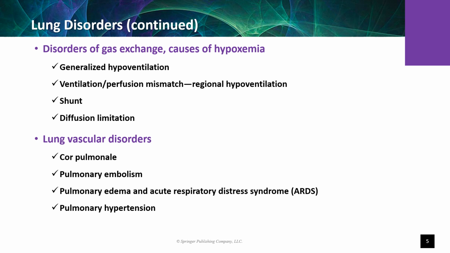Additional lung functions include acid-base balance, immune surveillance and protection from inhaled pathogens, metabolism of endogenous and exogenous molecules, and contributing to communication in the form of spoken language. The average respiratory rate is 10 to 16 breaths per minute for an adult, with an average tidal volume of 500 milliliters at rest.